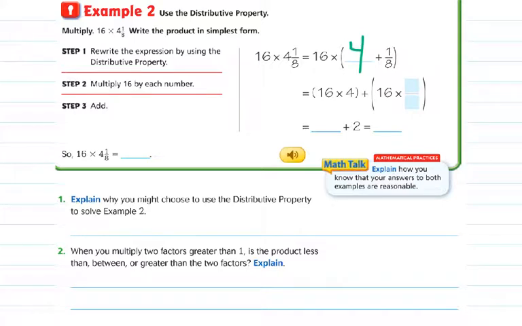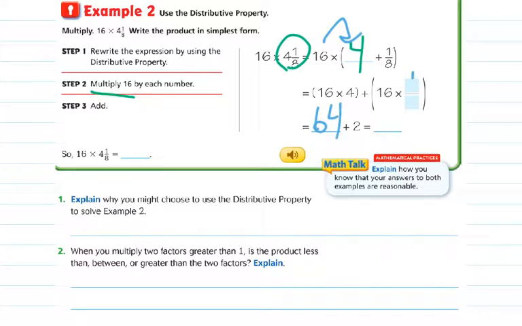Why we do 4 plus 1/8 is we're just breaking apart the whole number from the fraction, so it's a little bit easier to multiply them out. Now we multiply 16 by each number. So 16 times 4 would give us 64.